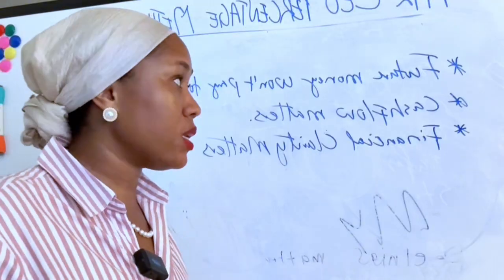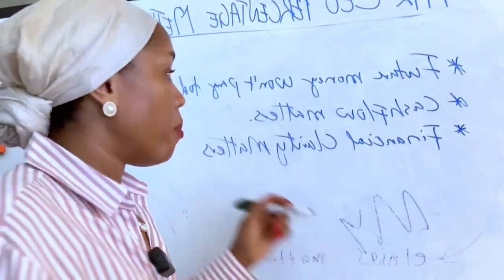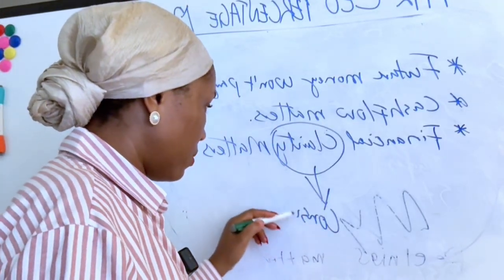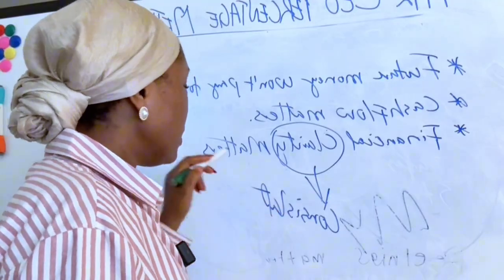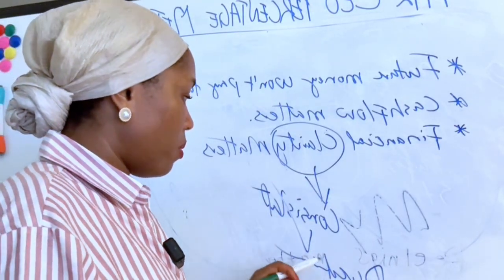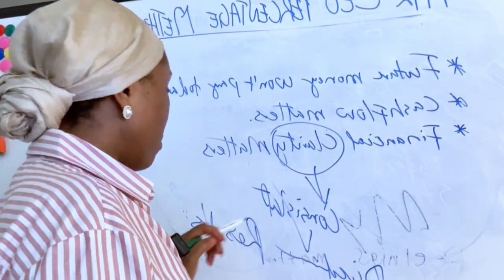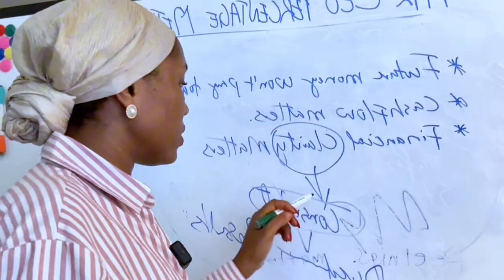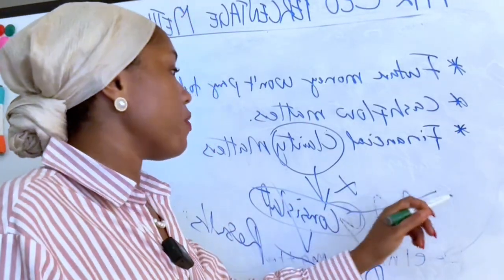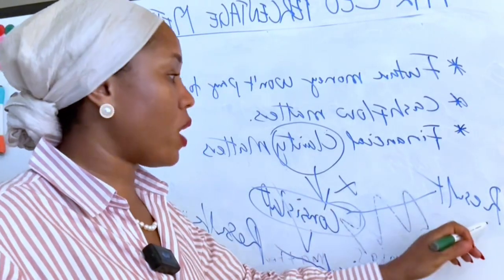If you're consistently spending money anyhow, you're going to still be stuck. But if you have clarity and then you are consistent, you're going in a good direction, because you're going to get good results. But if you are consistent without clarity, you are still going to have a result, and that result is going to be what? Stress.